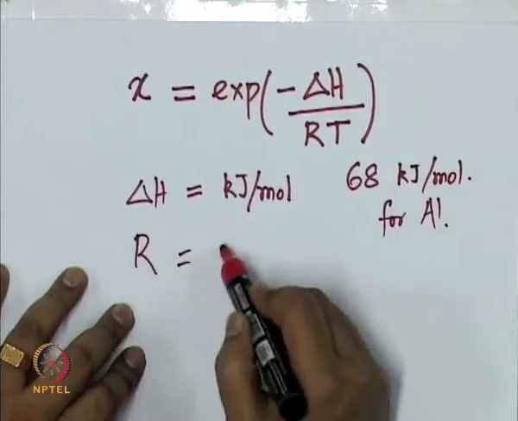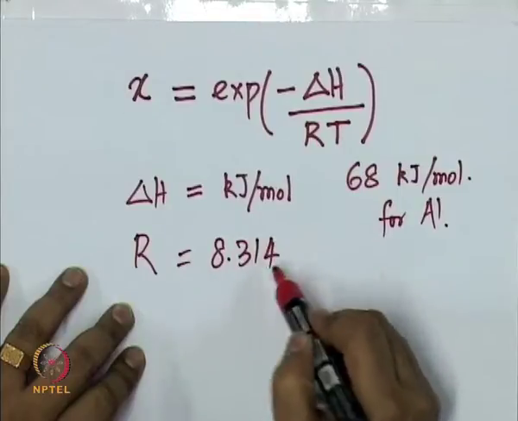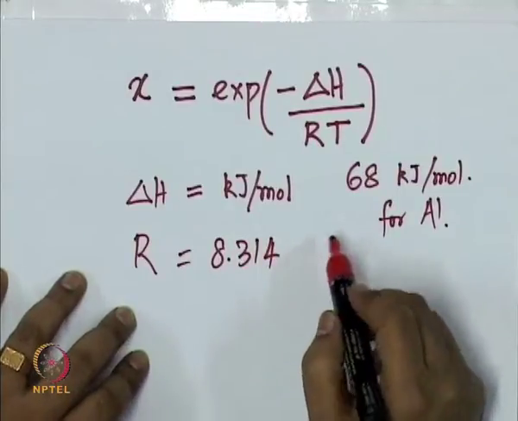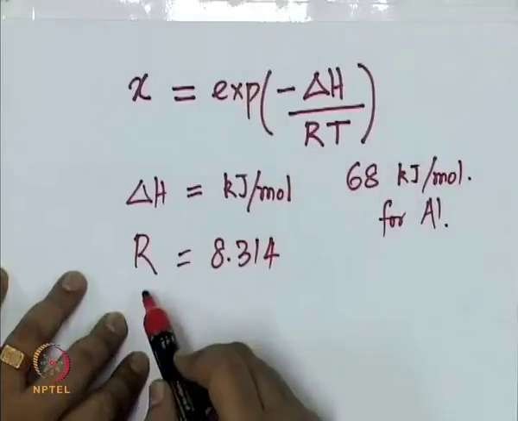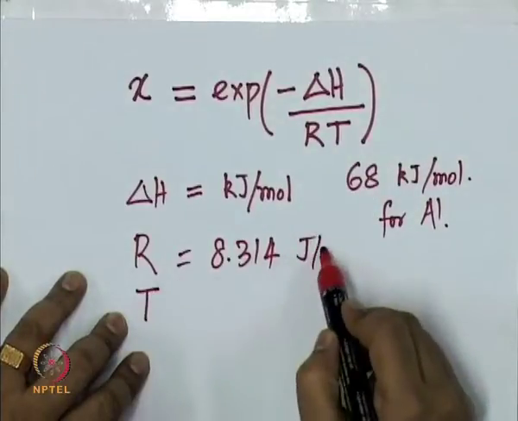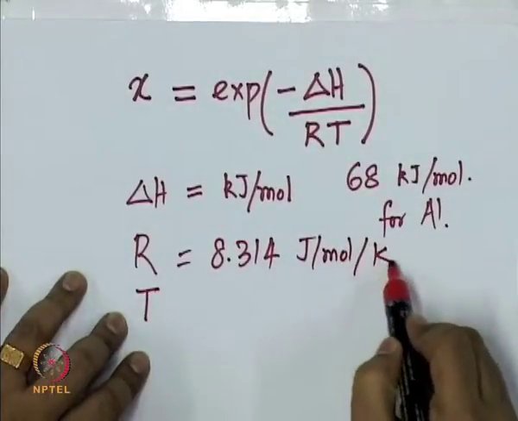R is the universal gas constant, so it is 8.314 joule per mole per Kelvin.